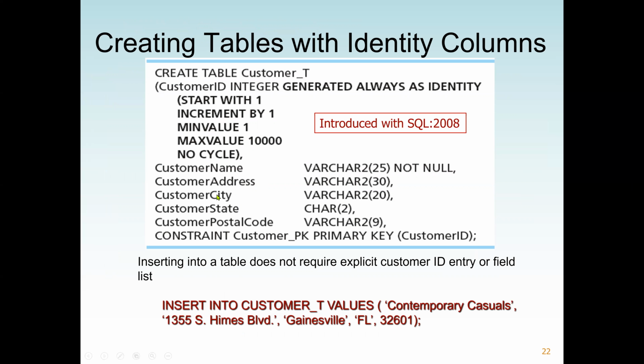And here we have the second field, customer name, data type is varchar, number of characters is 25. Again, customer address, customer city, the data type, state, etc. Then at the end, we constrain as customer PK, primary key, and that will be the customer ID.